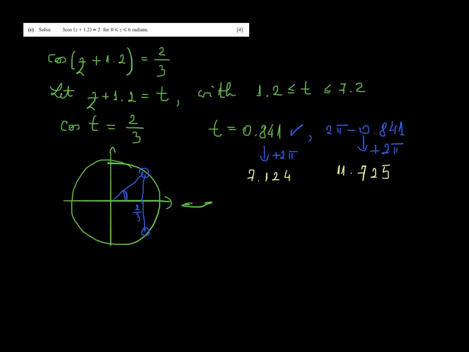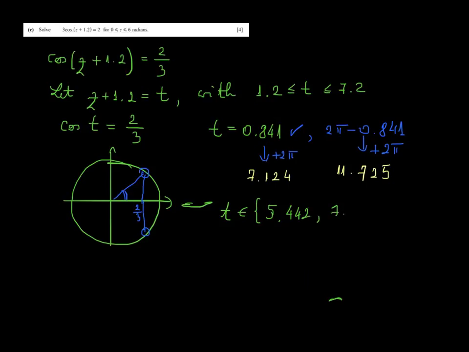So I can see, therefore, that the solutions to my equations are t is 0.841. It's not in the domain, so I'm not going to consider it. The next one, which is in the domain, is 2 pi minus 0.841, which is 5.442 to 3 decimal places.